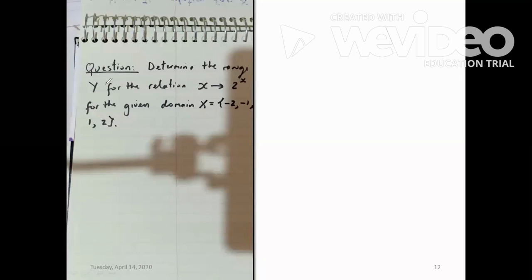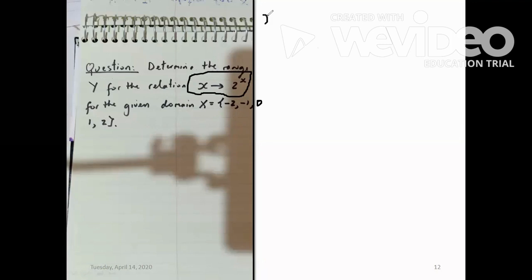So range means y values for the relation x maps to 2 to the x for the given domain. So basically they give us the x values and they want us to find the y value. So we're going to use this rule now. You notice this rule changed, right? It's a different rule. This is 2 to the power of x. So let's work it now.